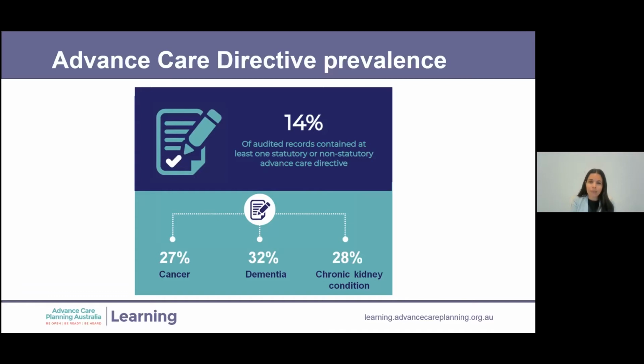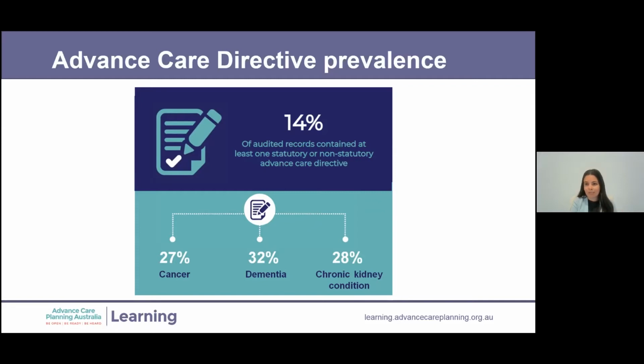And that's really concerning, given that only 7 to 9% of older Australians, when we surveyed them, wanted life-prolonging treatment. A lot of them didn't want life-prolonging treatment, but those wishes aren't made known. So primary care services, GPs, really need to make sure that there's adequate access to palliative care for older populations, but also really make the space for these conversations.